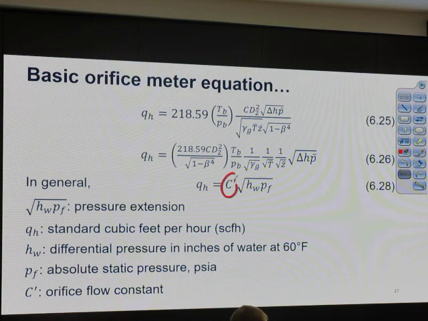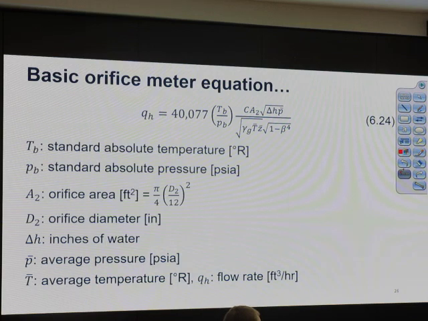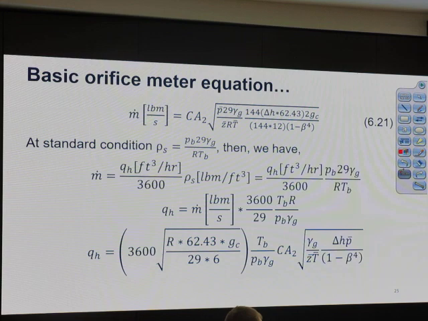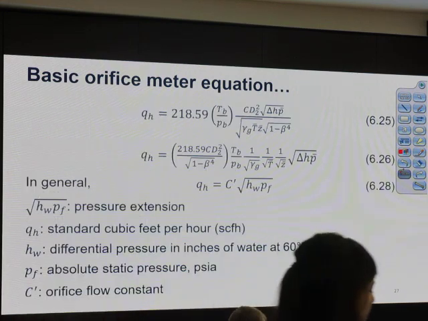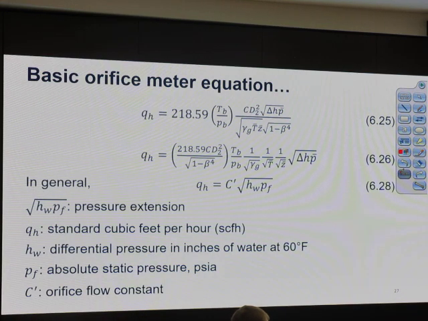C prime takes into account every term in front of it. Every term means it already includes beta. Okay, what is this C_d? You see that C_d? Is it the drag coefficient? Oh no, it's a C multiplied by the diameter. Okay. So we absorb everything and instead of C, we use C prime.